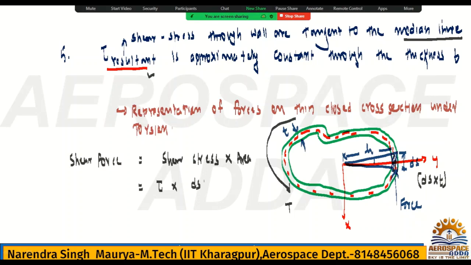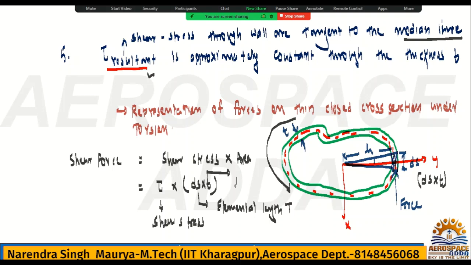So area is nothing but ds into t. ds is the elemental length, t is the thickness, and shear force acts because of the shear stress. Shear stress into area will give the shear force. This is the shear stress, this is the elemental length, and this is the thickness.